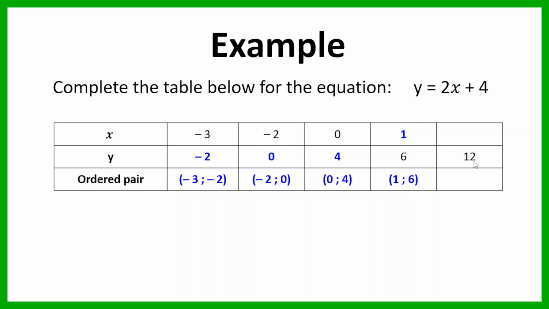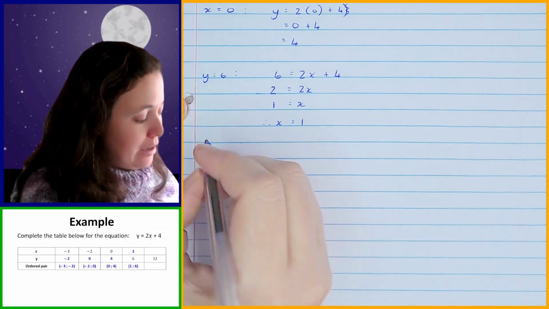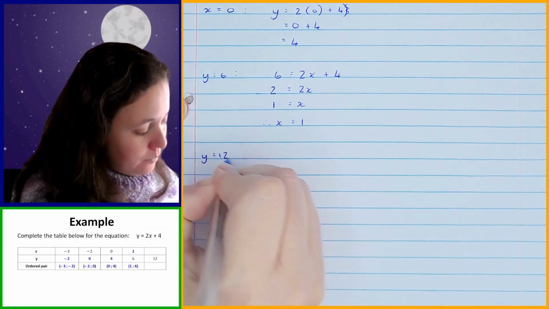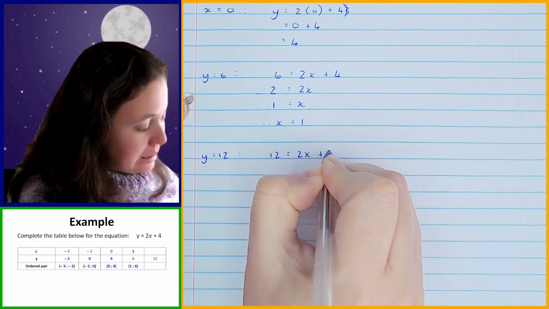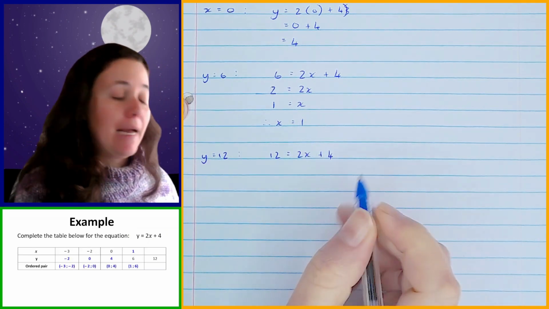Okay, and then the last one we have over here, the y value we've been given is 12. So now we have to find out what x value will produce a y value of 12 with this equation. If y is 12, then we've got 12 equal to 2x plus 4. So now I'm going to solve for x.